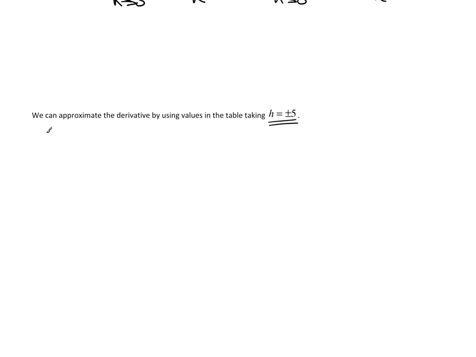So I can say that f prime of 10, the derivative at 10 miles per hour, is approximately equal to f of 10 plus 5, see now my h is plus 5, comma 20, minus f of 10, 20, over h, which is 5.